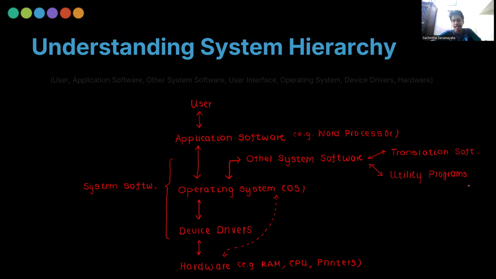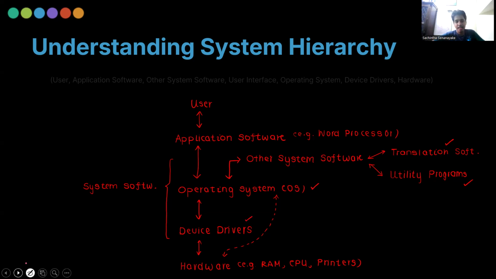But that's mainly it, right? Those are the main components of system software that categorize into other system software. We have translation software and utility programs. So in other words, system software is composed of the operating system, device drivers, translation software, and utility programs, essentially completing all the different parts of system software.